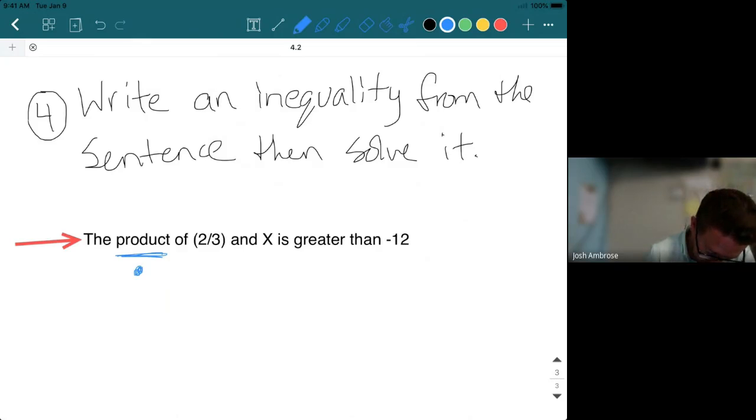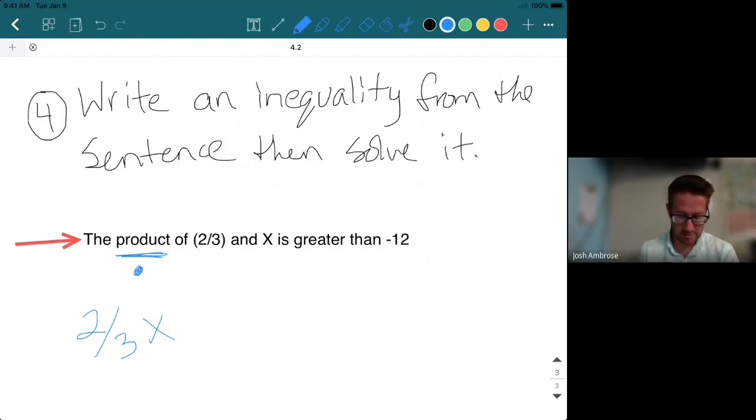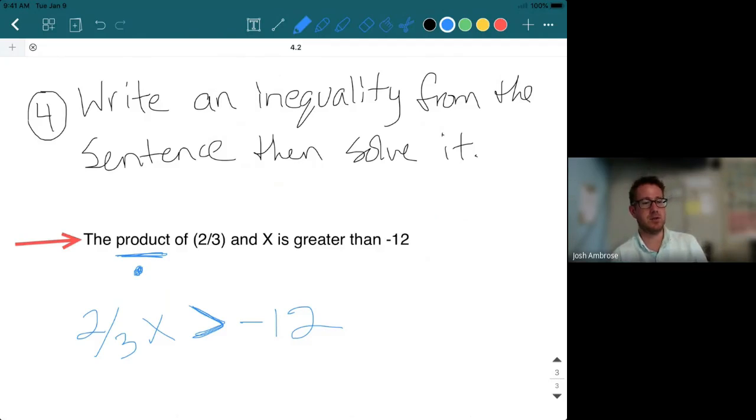So basically we're saying now 2/3 x is greater than -12. There's my inequality. 2/3 x, that's the product of 2/3 and x, is greater than, there's my inequality symbol, -12. So there's the inequality. Now solve the inequality.